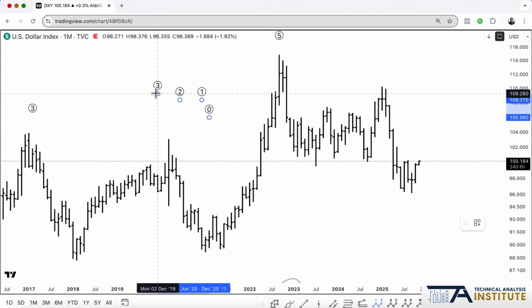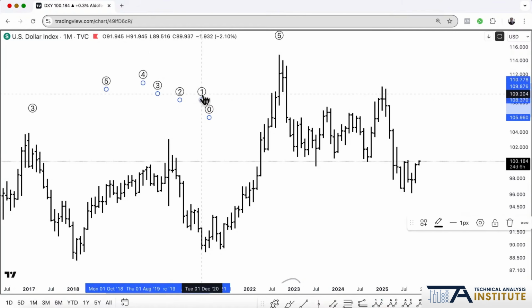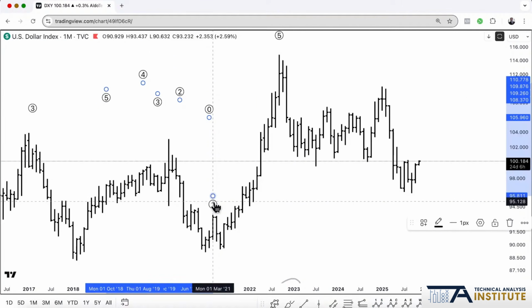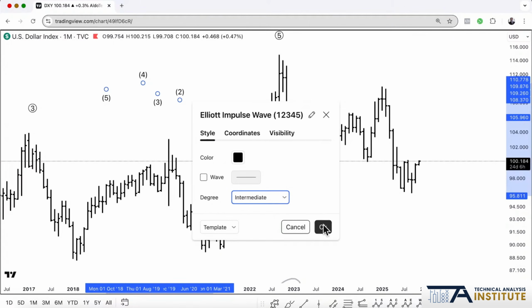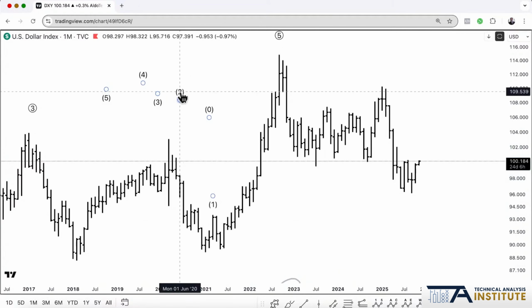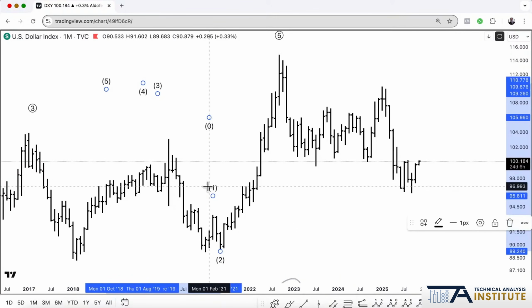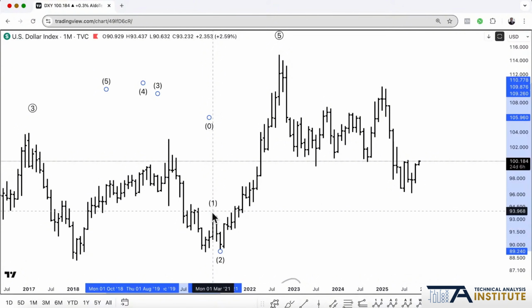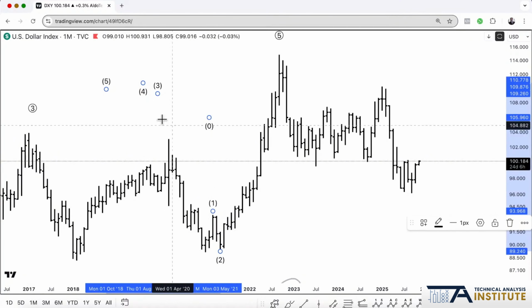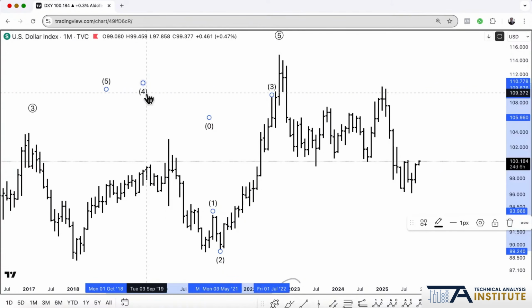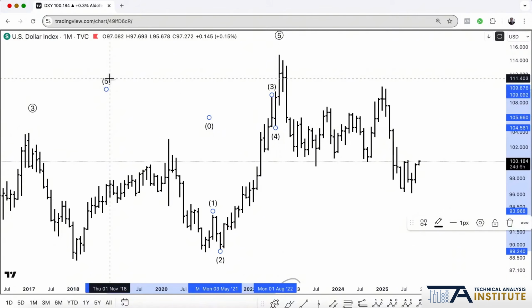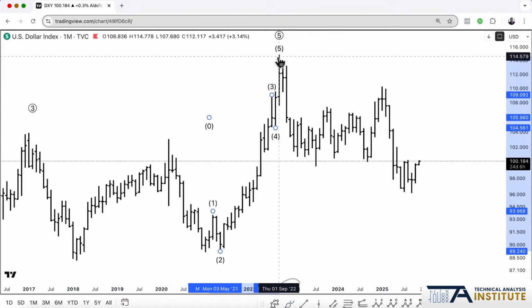And by the way, we wouldn't have to label all the waves in one time frame. Not necessarily. Sometimes we have to, but in this case, I'm doing this just for the sake of showing you potential 5 waves in them. So I would say 3 ended there, 4 here, and 5, well, obviously at the end, right?